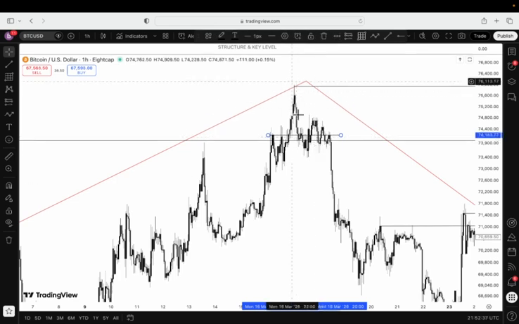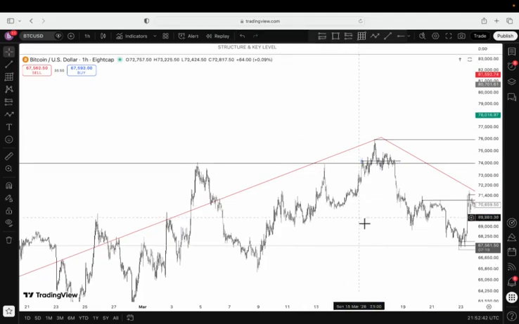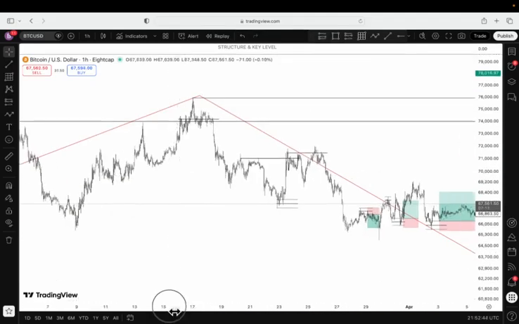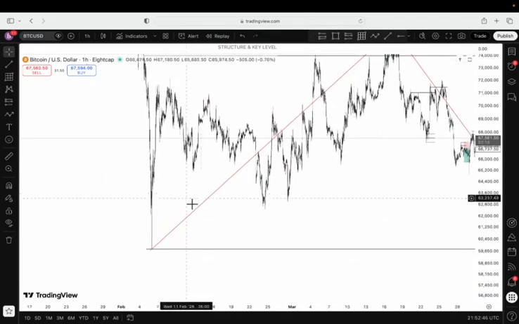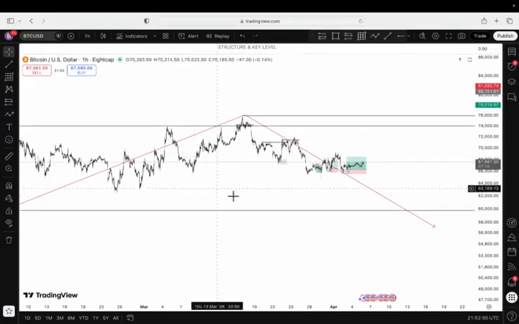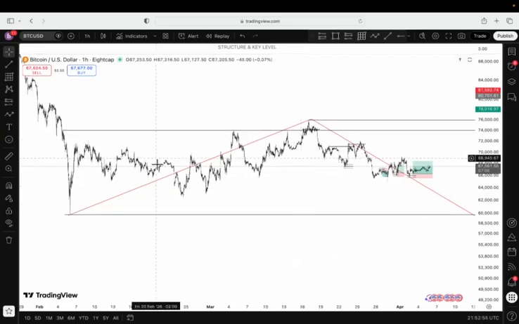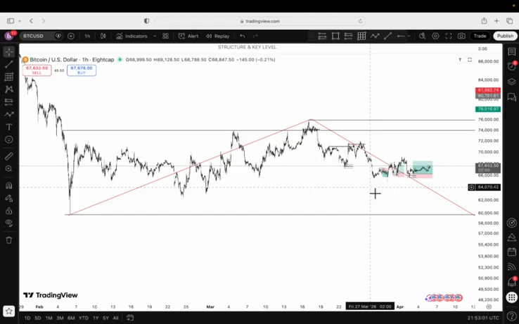You can see that this inducement got reclaimed back, and ever since then, the last low that was created with this inducement, price has not cleared it. Till now it's just in between. So that's a ranging market. It's not breaking above, it's not breaking below.